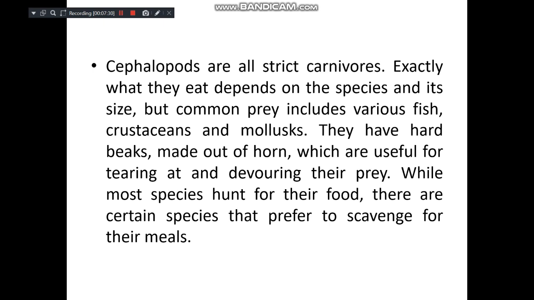But if you want to generalize this food habit, they feed on various types of fishes, crustaceans, and even other mollusks. Usually, the cephalopods have hard beak-like structures, made up of horn, with the help of which they can tear and devour their prey.